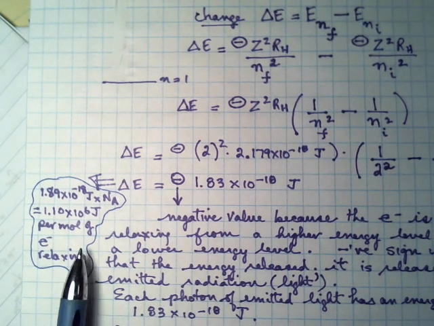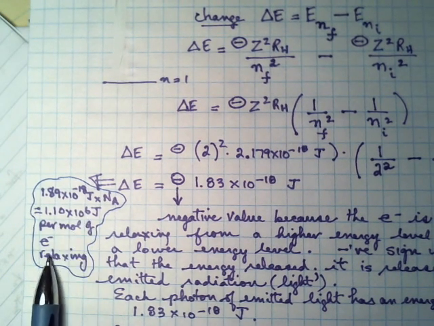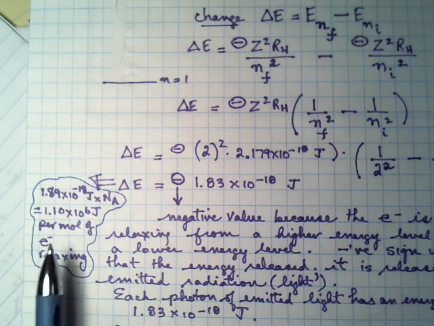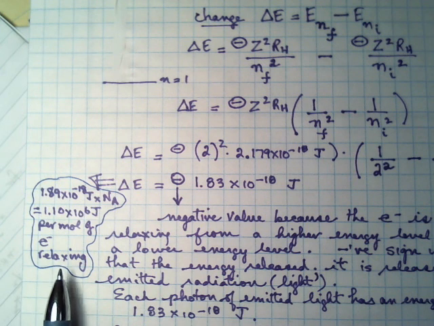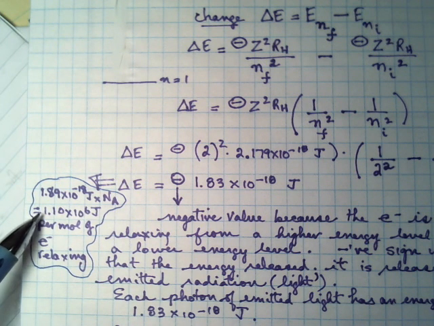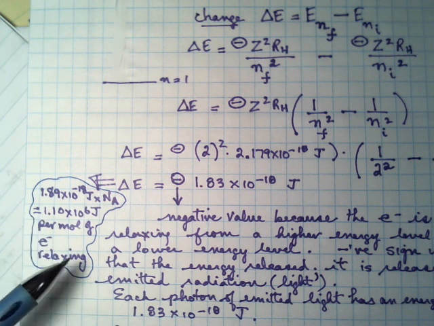So I could have written that this is the amount of energy per moles of electrons relaxing, or I could also write this much energy per mole of photons emitted. You might be wondering, what happened to the negative sign? Again, that negative sign just says that it's emitted. So I can leave the negative sign on there, or I can just say that it is being emitted, the photons, and that takes care of it.